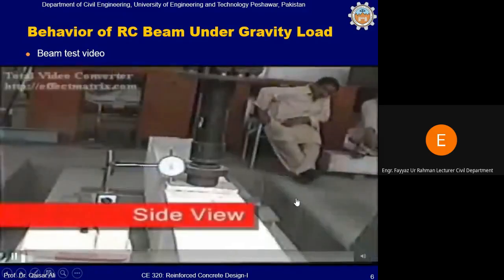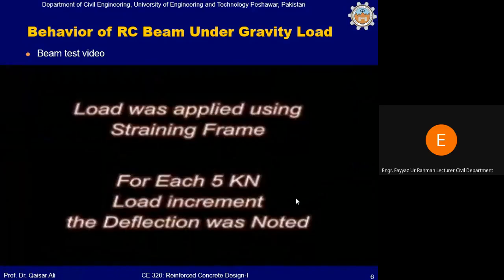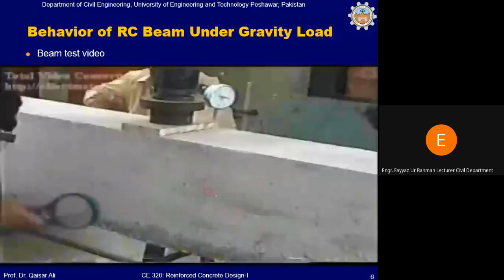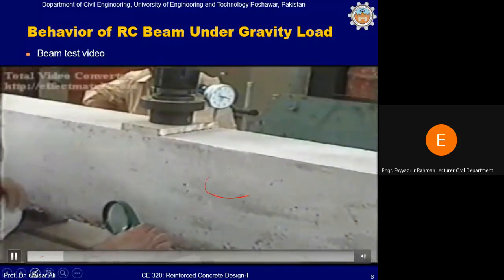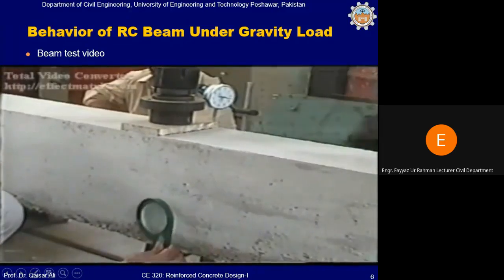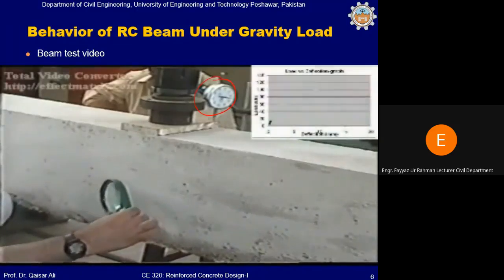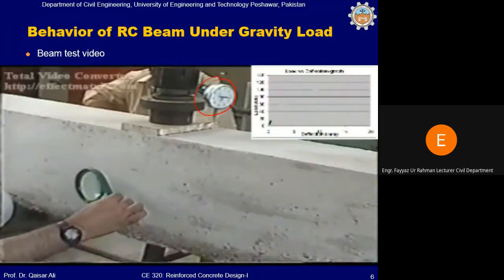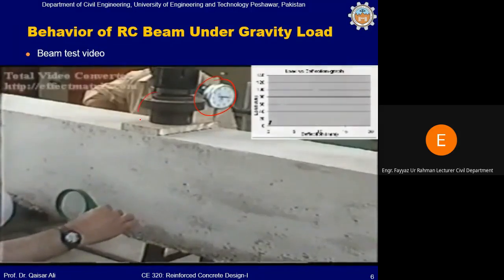Now you can see different views of the tested beam, and the load is applied at an increment of 5 kilonewton. This is the dial gauge which shows the deflection of the beam at the center, and a point load is applied at the center of the beam.